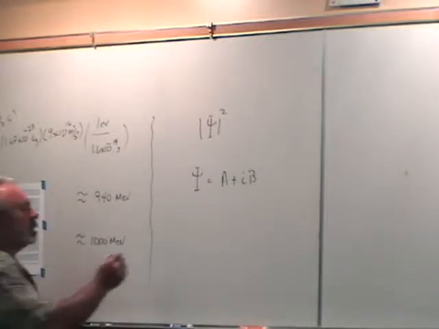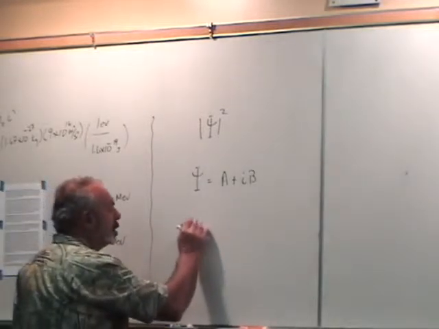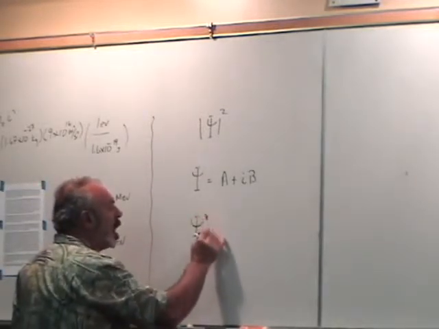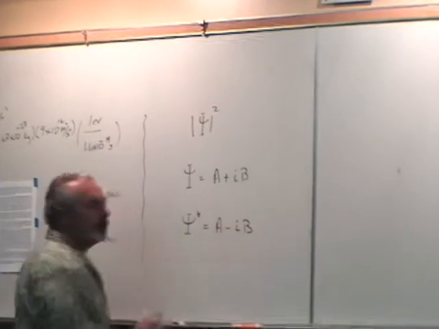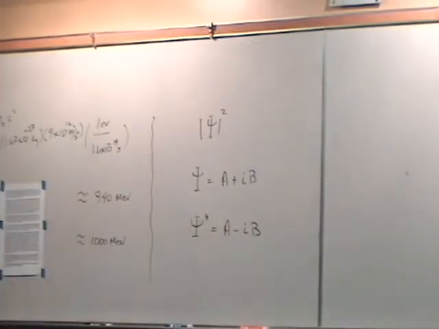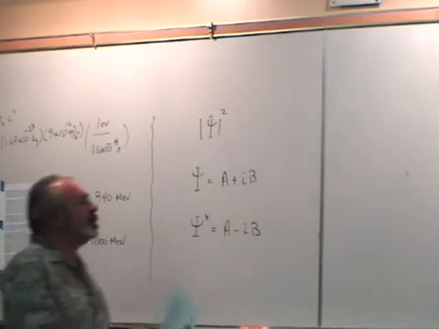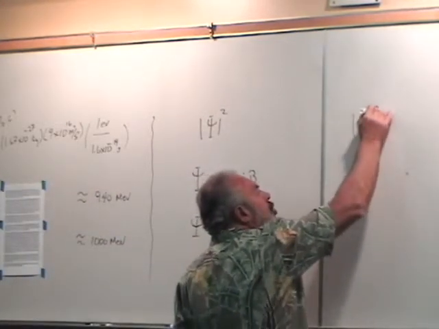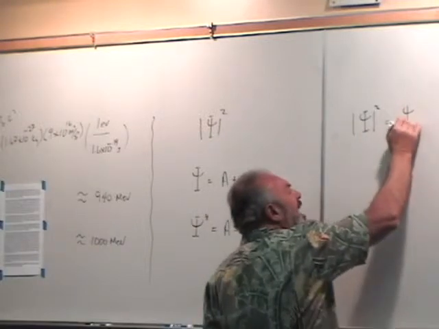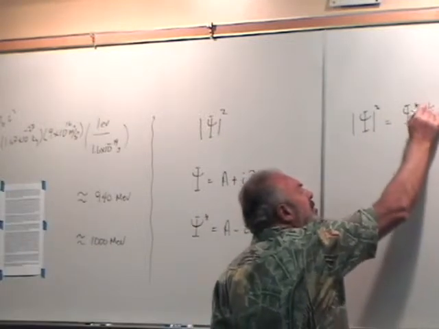By definition, and I'm sure you've seen this before, this is not new or exciting to you, psi star is going to be called the conjugate of psi. And all you do to conjugate anything, as you recall, is wherever you saw an i before, you put in a negative i. And you've got a conjugate. So by definition, psi squared is psi star psi.